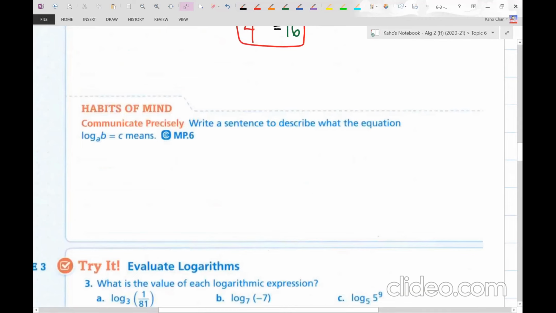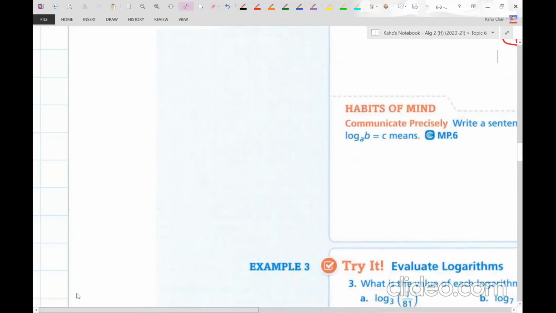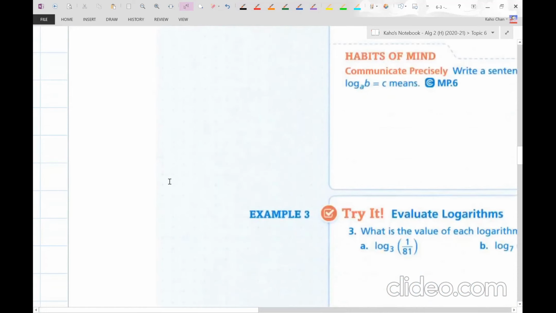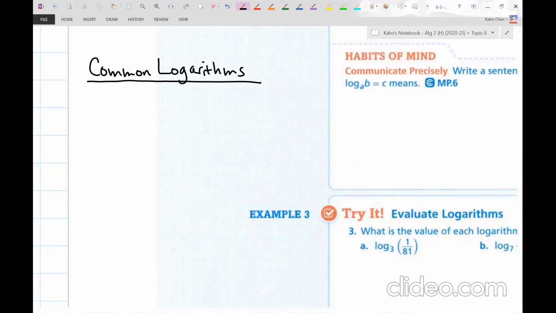Well, I need to bring up something that's going to be important for the next few sections and examples. There are 2 types of logarithms that are built into our calculator. The first one is called common logs. The word common is what we're used to. If you look at your hands, you see 10 fingers.